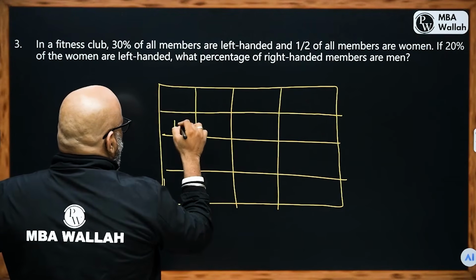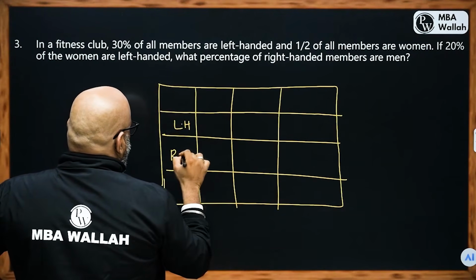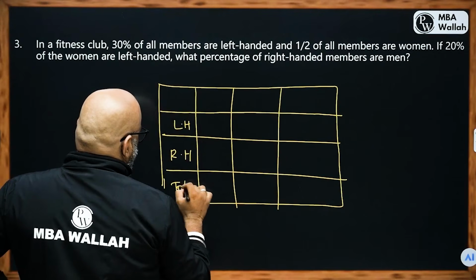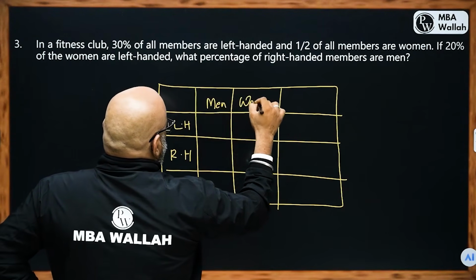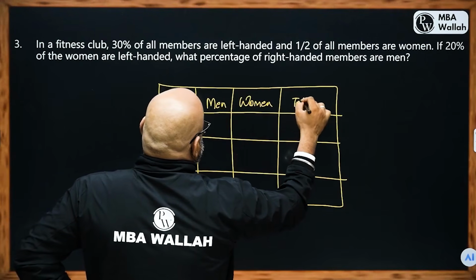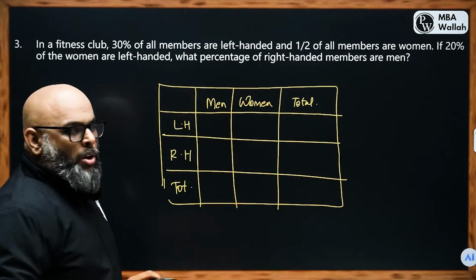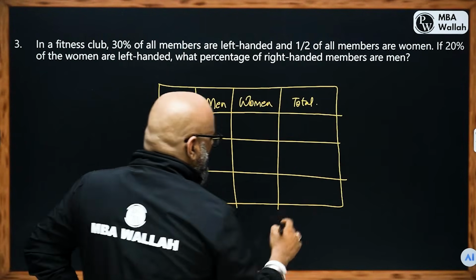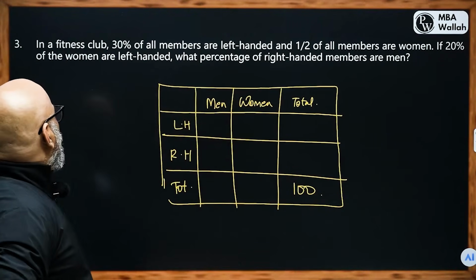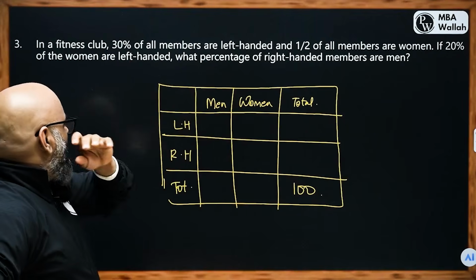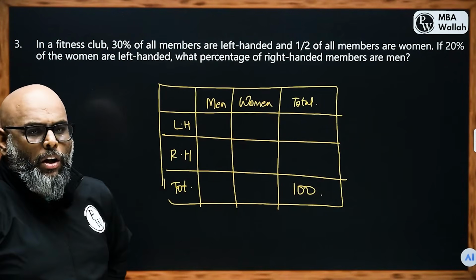So let's say left-handed, right-handed, and then total. Men, women. Now I'm going to say the total people in the fitness club, let's call them 100. 30% of all members are left-handed.